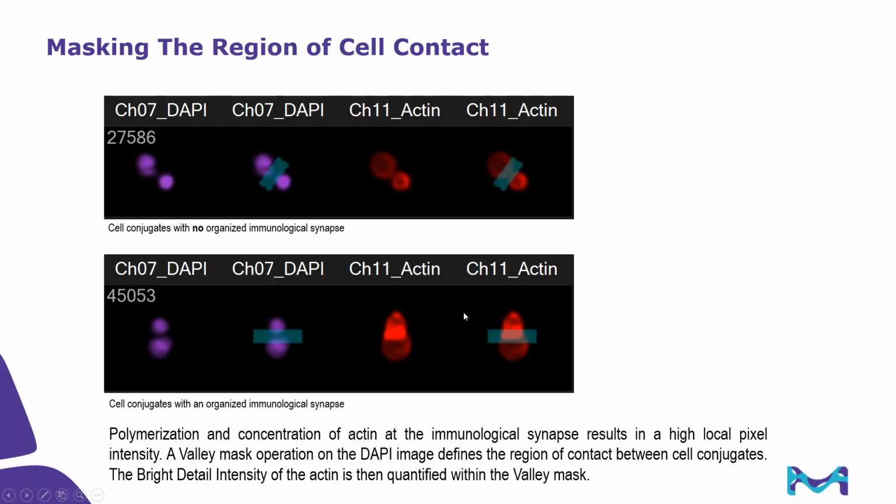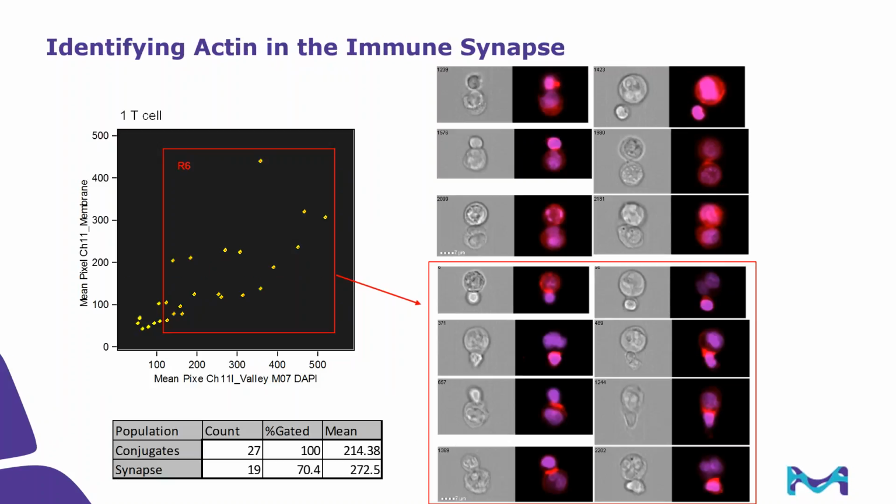And so if we take this mask and overlay it on the immune synapse here, we can quantify a much higher total fluorescence intensity of actin at the immune synapse as opposed to the rest of the membrane of the cell. And this really gets to the heart of why adding imagery to flow cytometry data is important, because it allows you to look at experiments in novel ways.